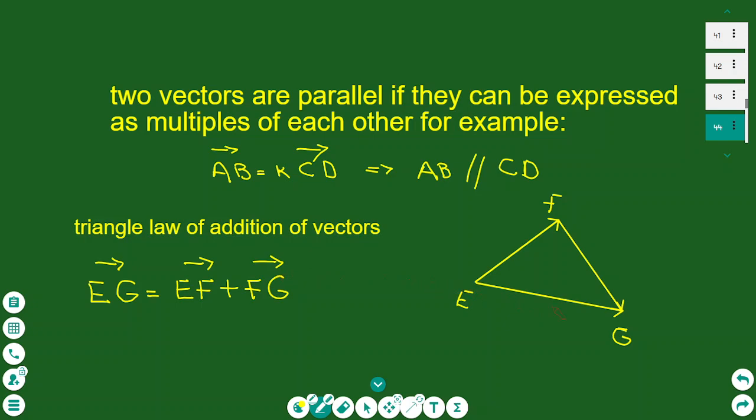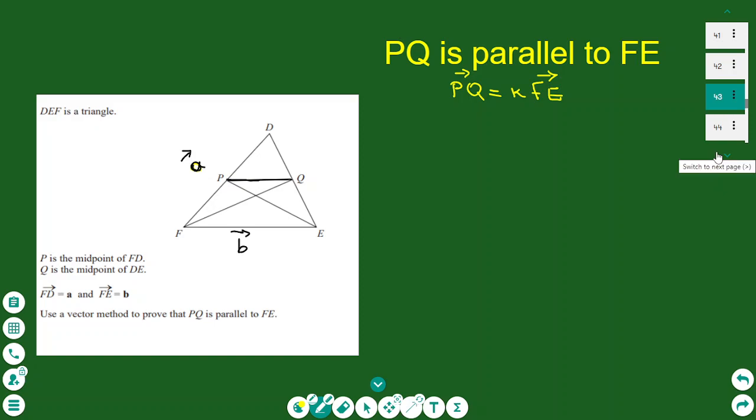For example, EG, a vector that starts from E and goes to G, is equal to the vector EF, starting from E going to F, plus the vector FG, starting from F going to G. So this equation will help us write equations. It's a starting point to prepare equations. Now let's go to this exercise and prepare some equations using the triangle rule of addition of vectors.